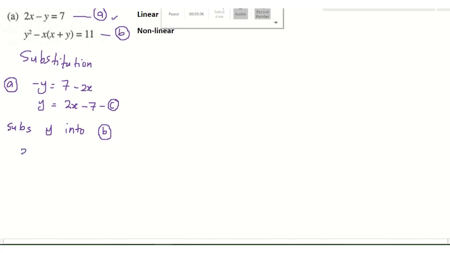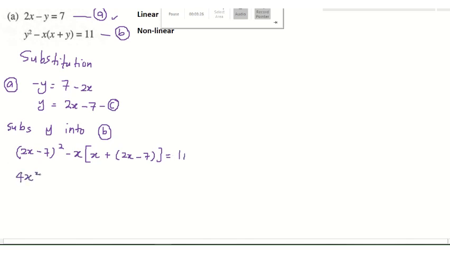So y is (2x minus 7) squared, minus x times (x plus y), where y is (2x minus 7), equal to 11. Then simplify.